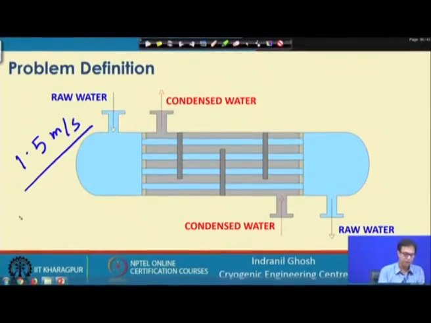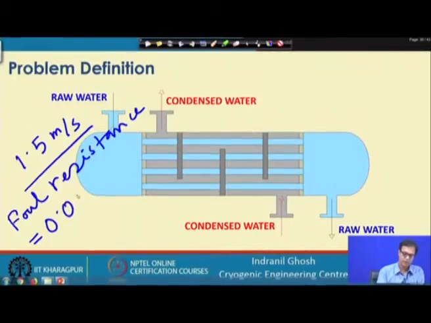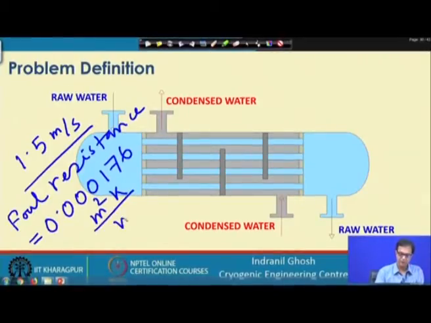There is some kind of foul resistance, meaning there is a possibility that over time it will accumulate some kind of scale, and that foul resistance is equal to 0.000176, its unit would be meter square Kelvin per watt, just the inverse of what we get for the heat transfer coefficient.